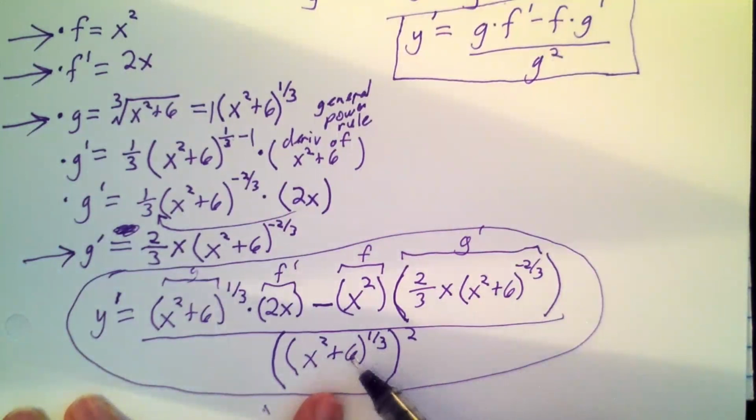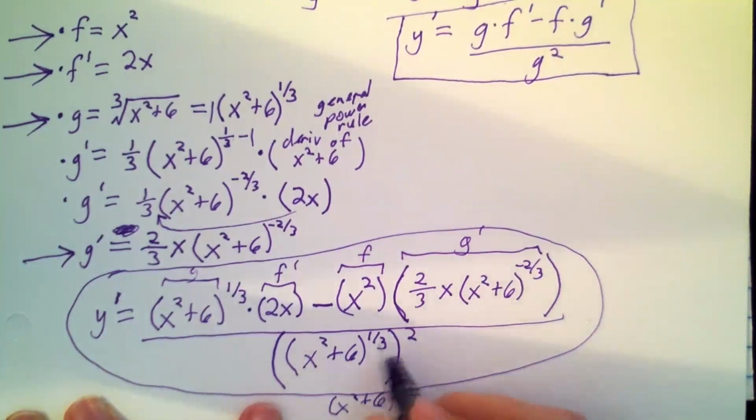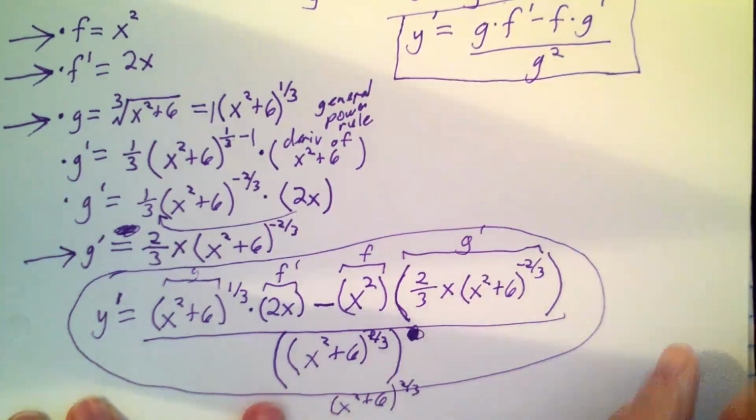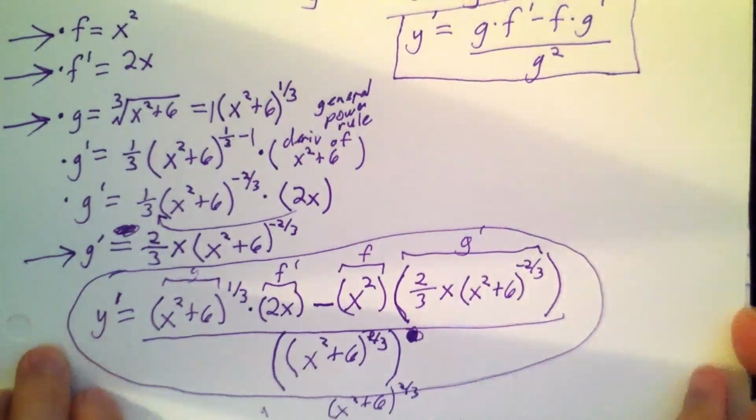If you have x squared plus 6 to the 1/3 squared, I have x squared plus 6 to the power of 1/3 to the power of 2. When you have a power raised to a power like this, the powers multiply. So this whole bottom will turn into x squared plus 6 to the 1/3 times 2, which is 2/3. So you might write that as 2/3 here instead. But this is good. You got the derivative.